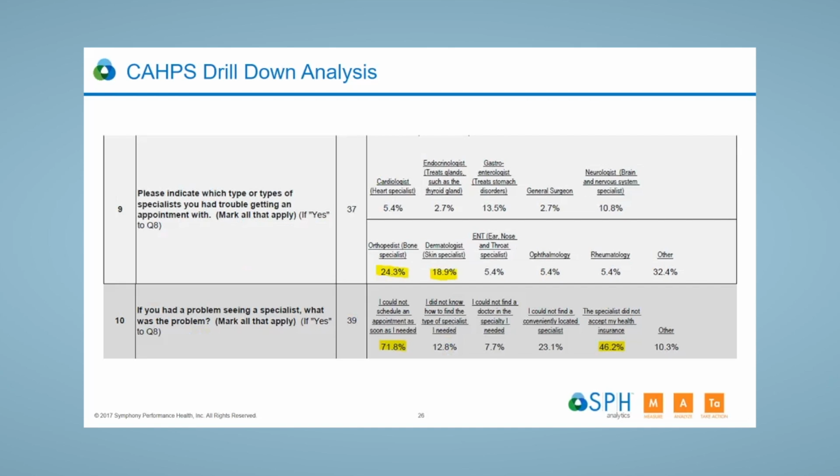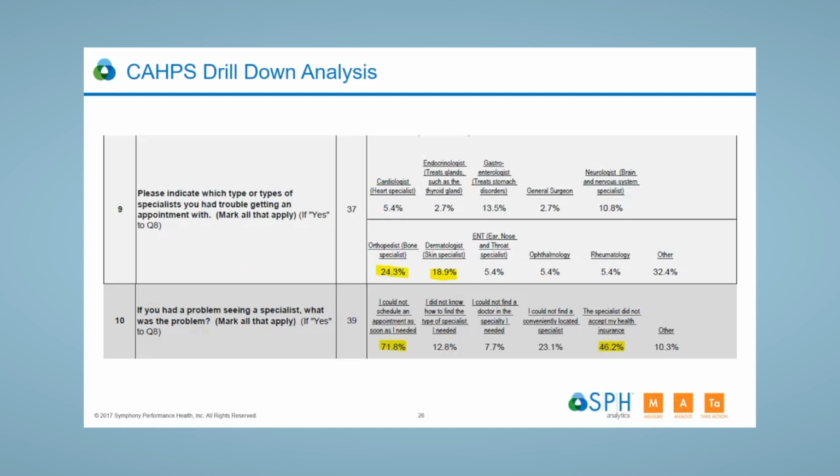One of the other things we wanted to find out was from our Medicare Advantage members, what type of specialist are they having trouble getting an appointment with? We know we were somewhat lower than we wanted to be on specialist access. So by asking this question and including various specialists, we found that orthopedists and dermatologists were the biggest issues.